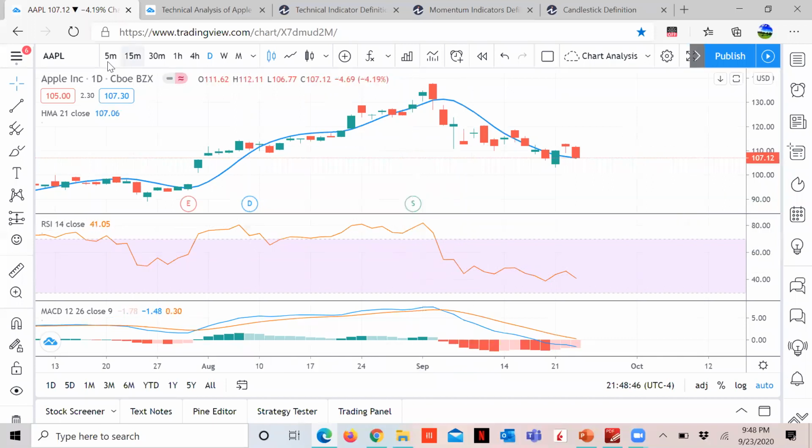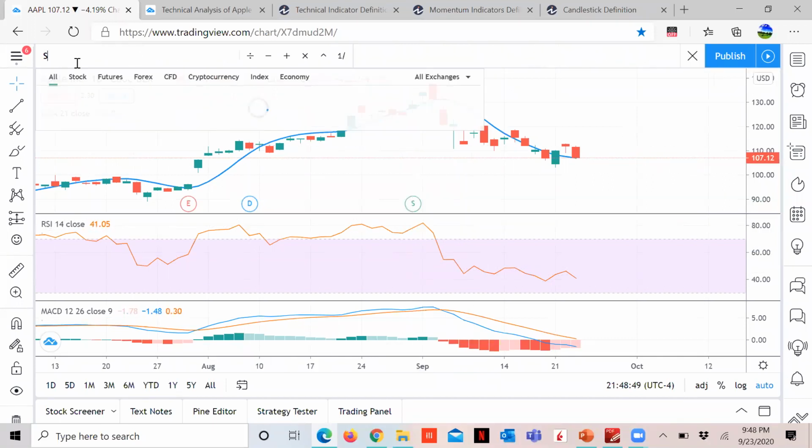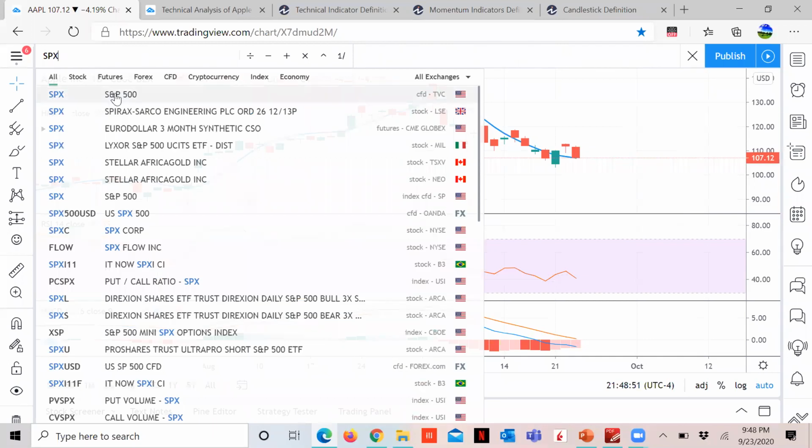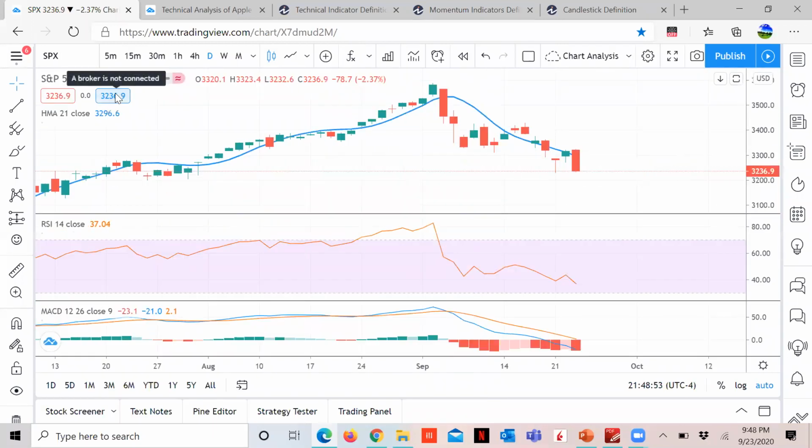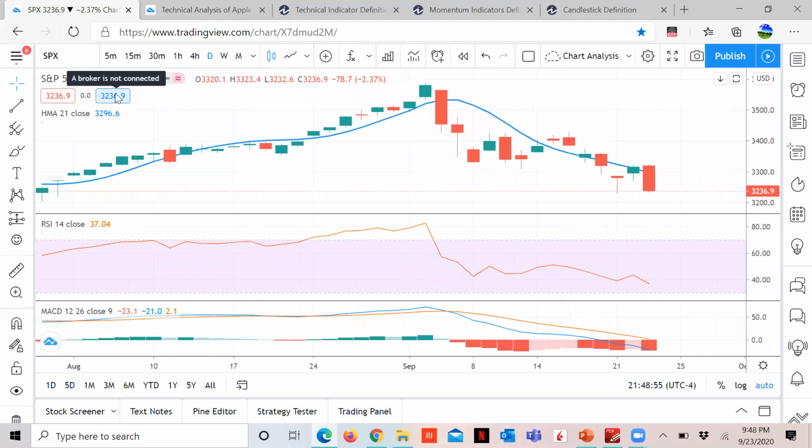And with regards to the correction on the S&P 500, let's look at the S&P 500 index. Look at this trend. Anytime you have 8 to 10 consecutive days of bullish trend, there has to be some correction.